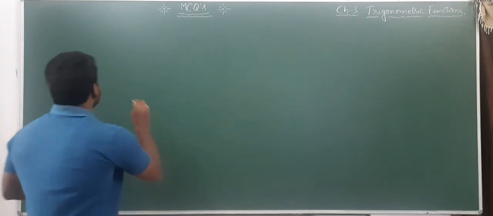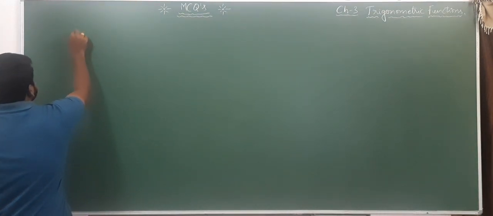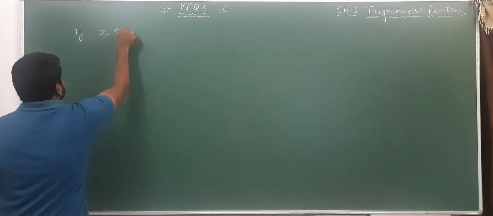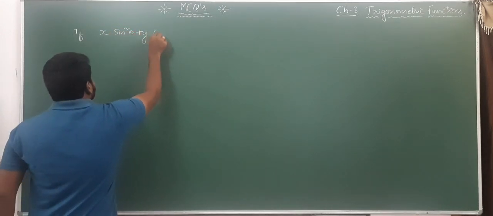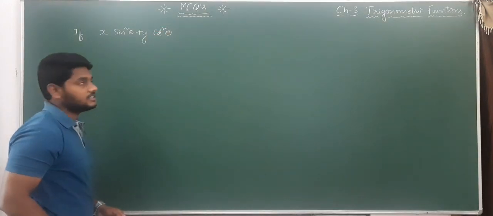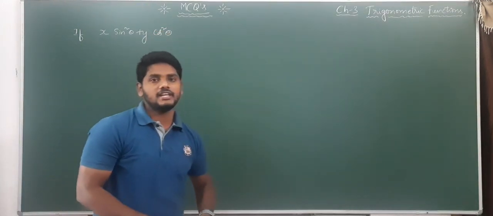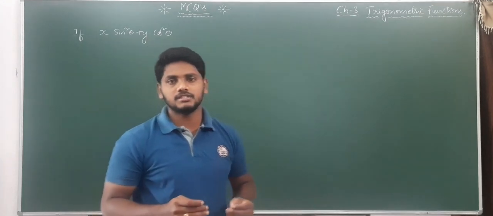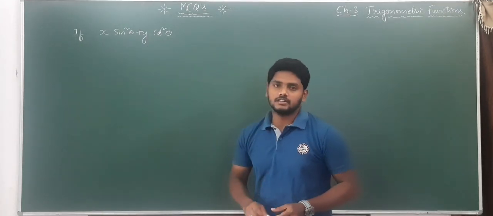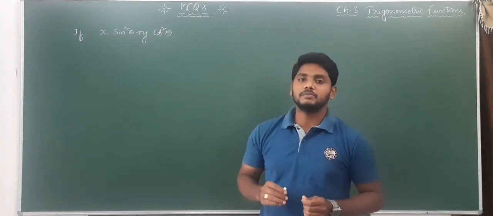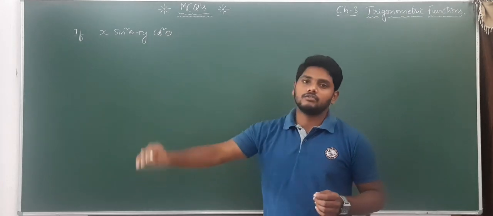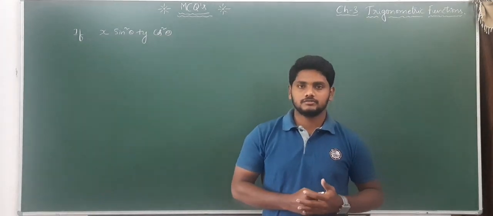See, first of all, for example, if an equation is in the form of x sin square theta plus y cos square theta, what they will ask is, for example, 2 sin square theta plus y cos square theta, then what is the minimum value of this function, or what is the maximum value of it?